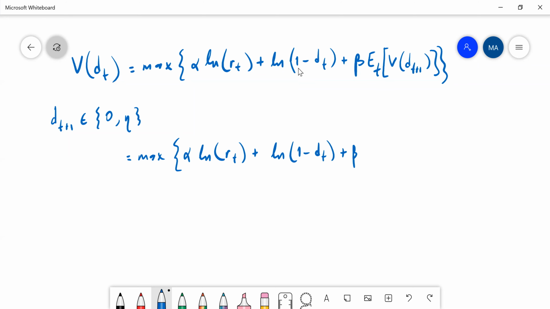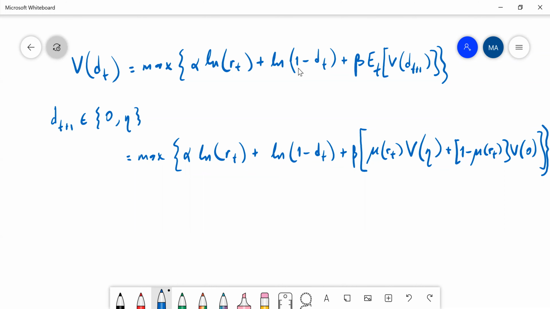Now I want to write this expectation. How do I write this expectation? Well, very simple. With probability mu, it will be equal to what? It will be equal to eta, right? So I have this. And with probability 1 minus mu RT, it will be equal to 0. There you have it. And you are choosing RT.